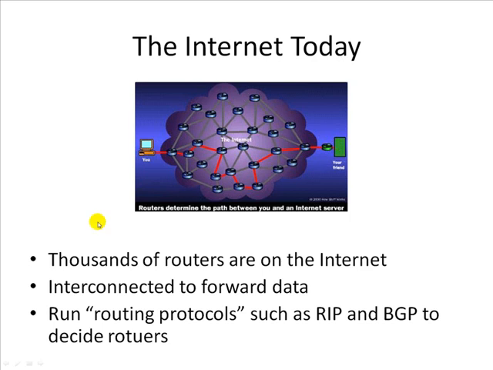There are thousands of routers on the internet today, interconnected to facilitate data forwarding. The routing protocols they run are RIP, which is Routing Information Protocol, BGP, also called Border Gateway Protocol, and many other protocols as well. A discussion of these protocols is beyond the scope of this tutorial.